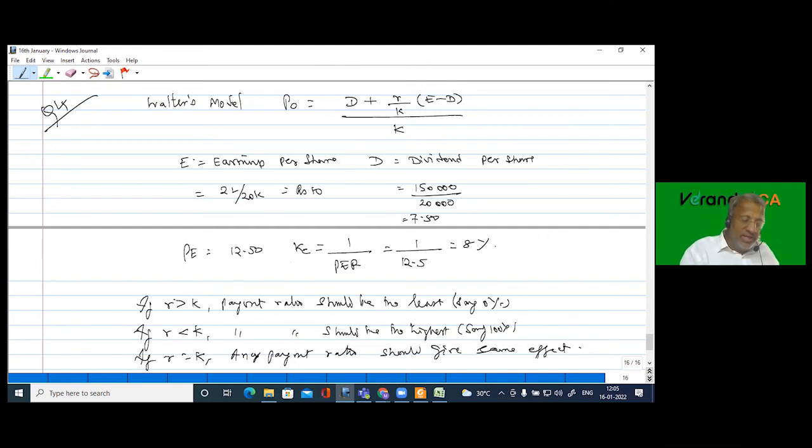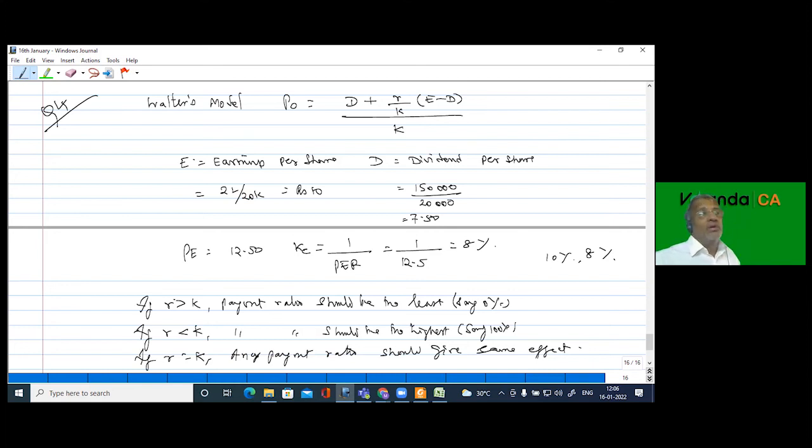Imagine that money with the company is giving you 10% return. Money with the shareholder is fetching 8% return. Let me repeat. Money with the company gives you 10% return. Money with the shareholder is only 8% worth. Whether it is good to have more money with the company or good to have more money with the shareholders. So money with the company is fetching greater rate of return than money with the shareholders.